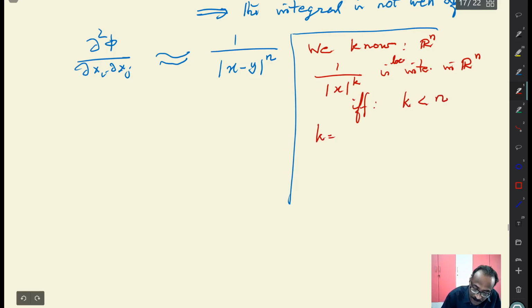So k equal to n is not locally integrable.